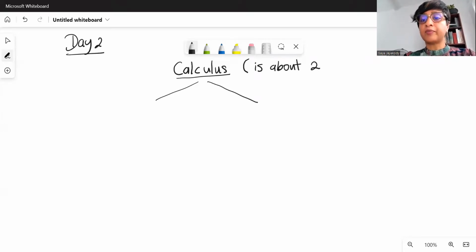Calculus is about two operations. Operations, you know, addition is an operation. What do you call operation in Sinhala?